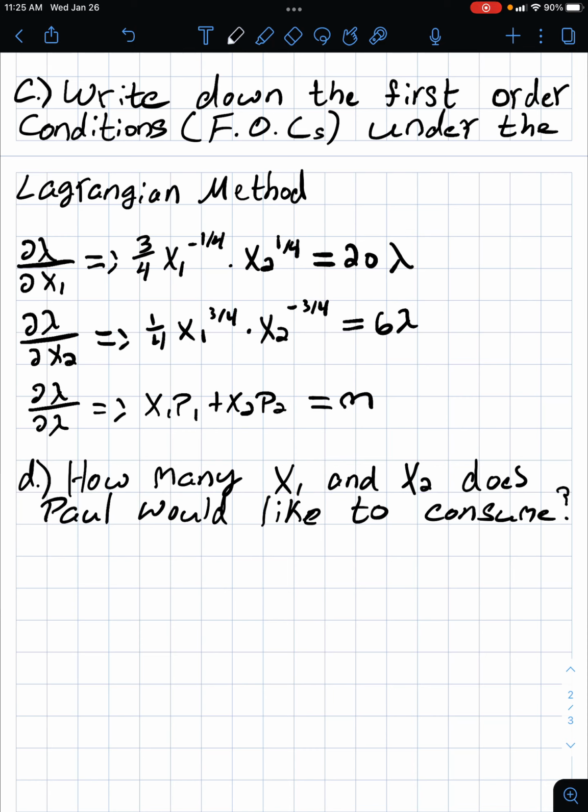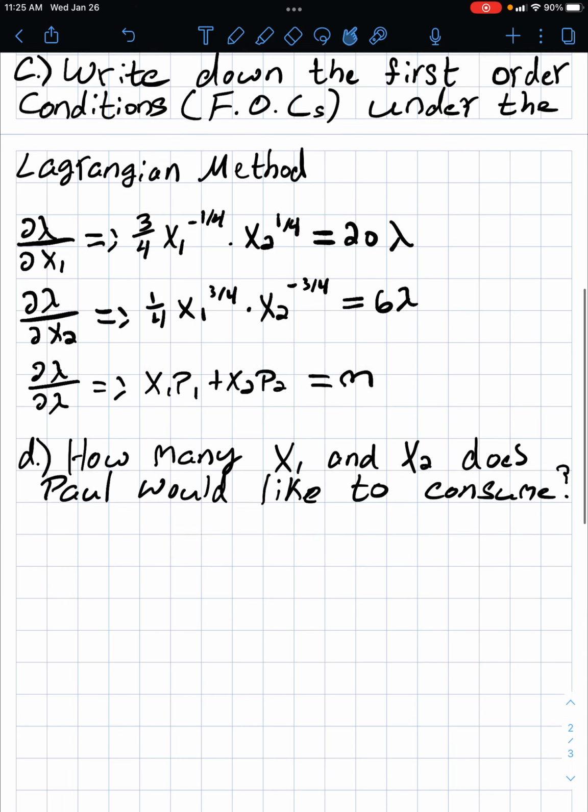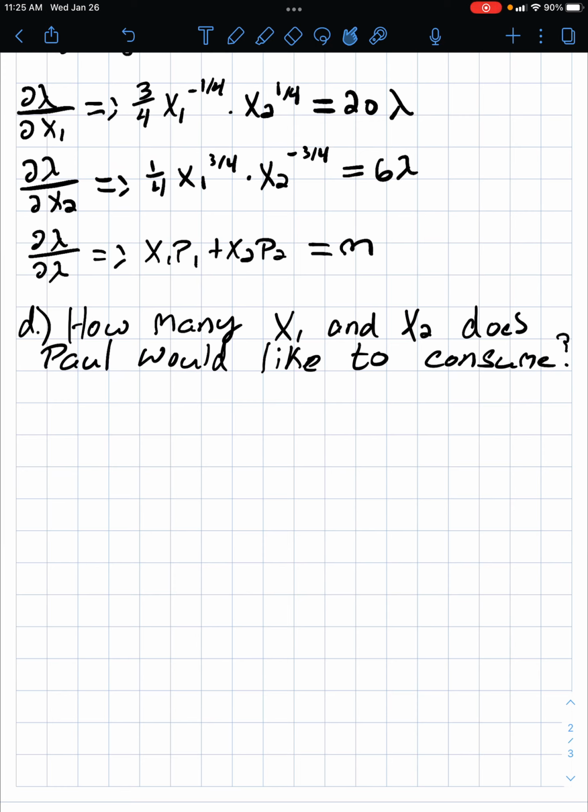So these are our first order conditions under the Lagrangian method. Now, for the final part of the problem, how many x1 and x2 would Paul like to consume? So now pause this video, take a few minutes, and solve this part of the problem.